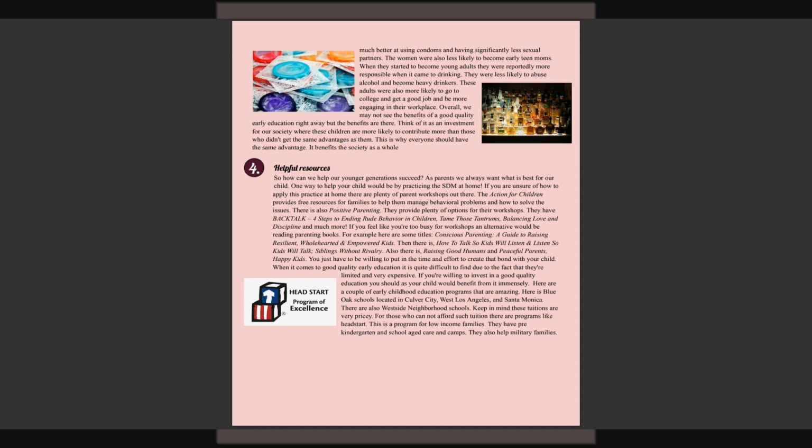Some of them are free and some you would have to pay for. Action for Children provides free resources for families to help them manage behavior problems and how to solve the issues. There's also one I found called Positive Parenting. For this one, you do have to pay, but they have a lot of options.